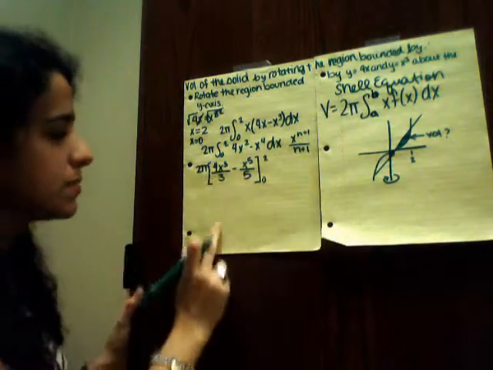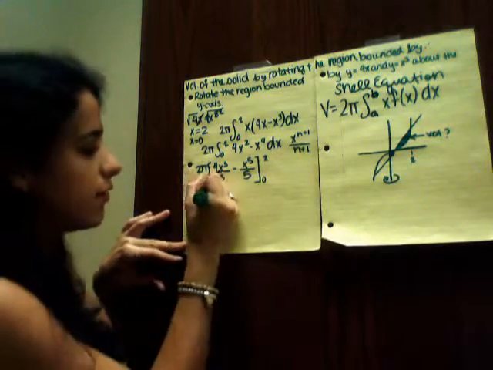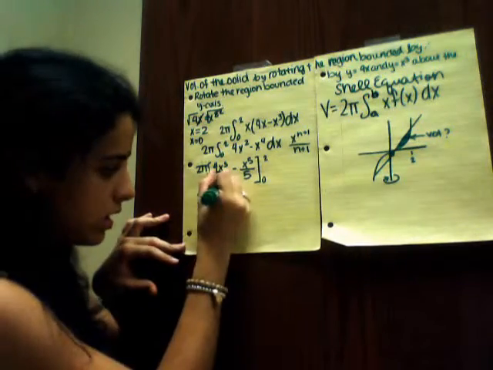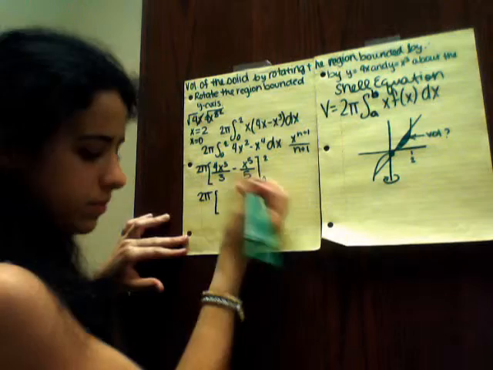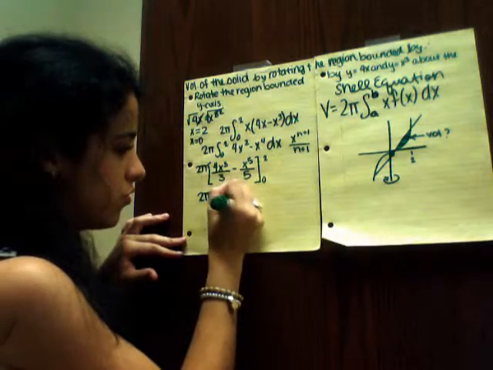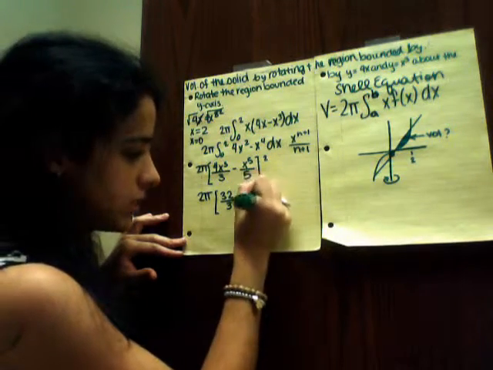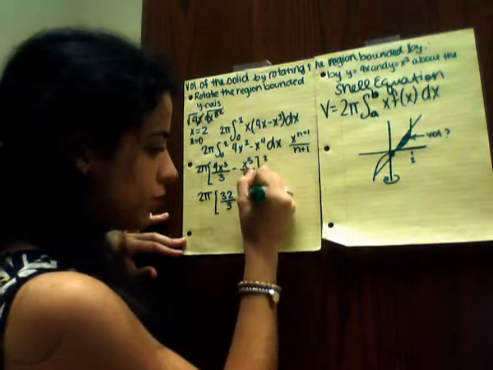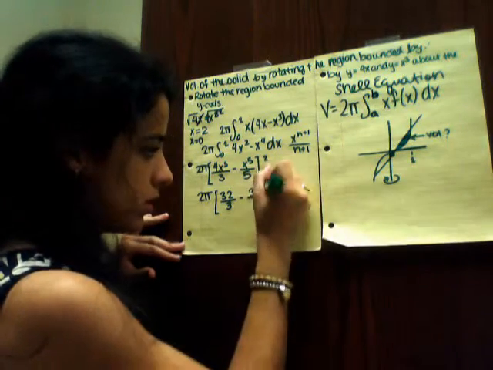Once we substitute these values, we are left with 2 pi times (32 over 3 minus 32 over 5).